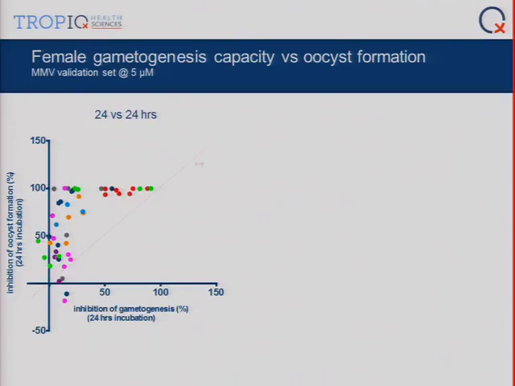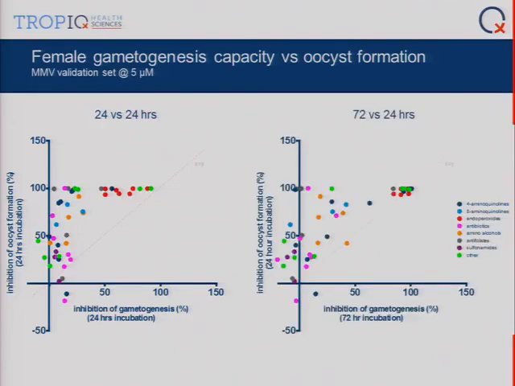That seems to be a bit of a delayed response on the gamete, because when we compare the SMFA data to the 72-hour incubation in the gametogenesis assay, you can see that some of the compounds shift to the right, so they better reflect what we see in the SMFA.